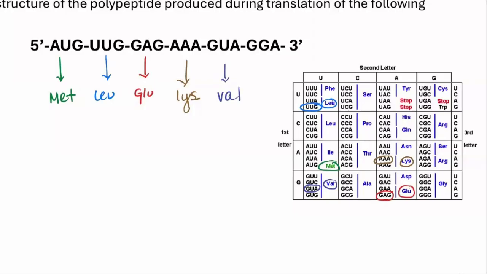And then we have GGA. When we have GGA, that's glycine.